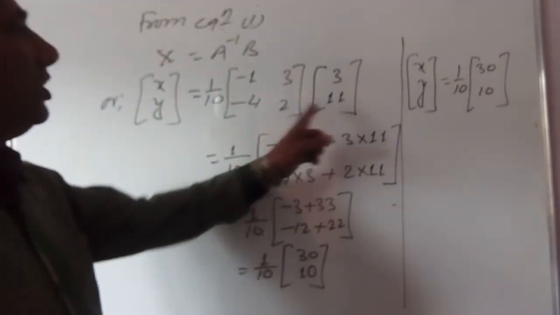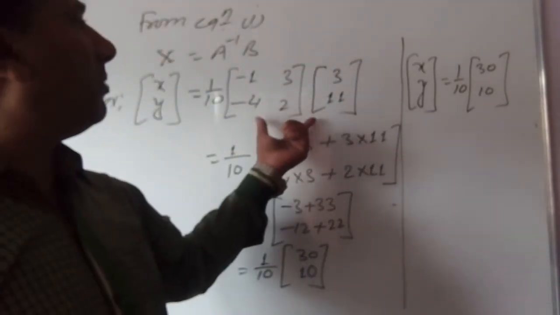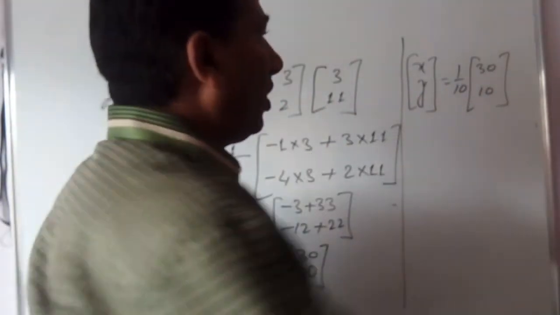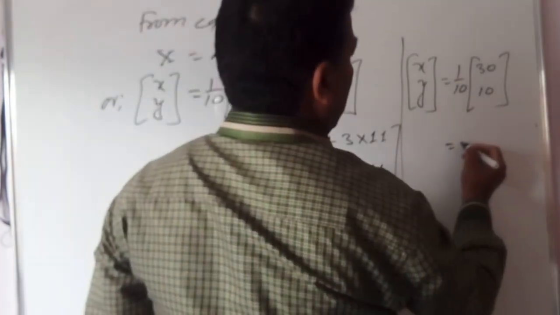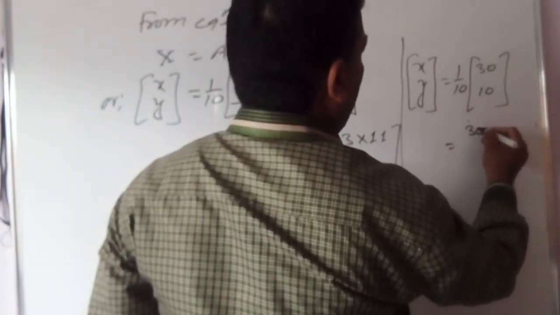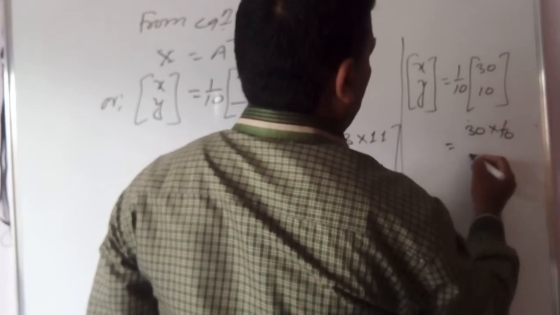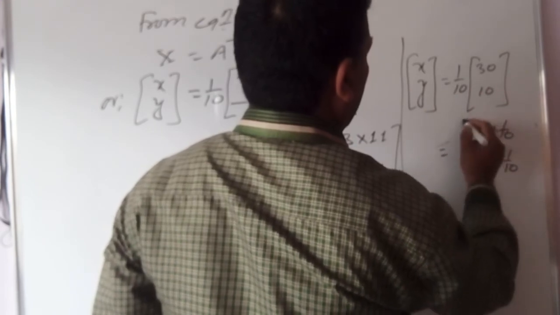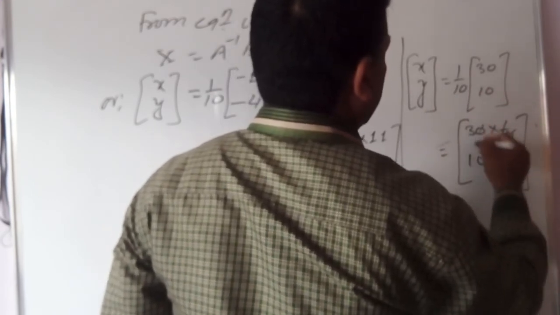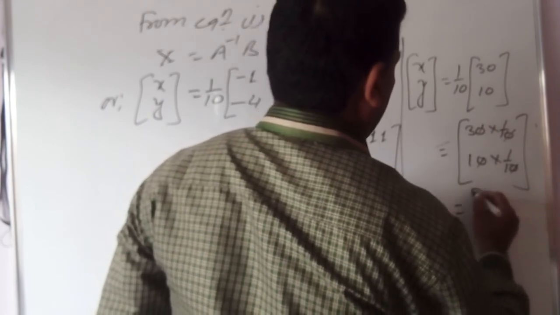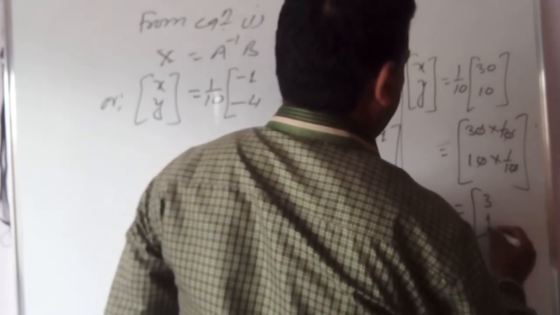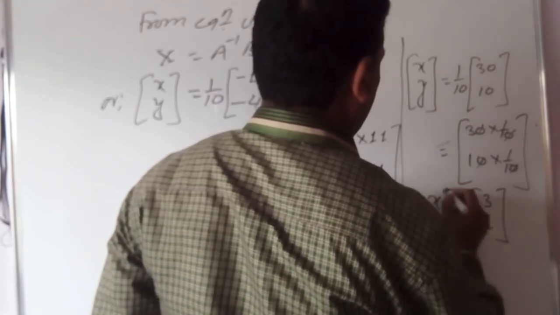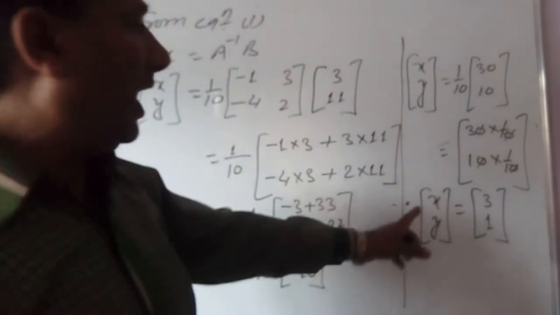Now multiply inside: 30 times 1 by 10, 10 times 1 by 10. This cancels and gives 3, 1. Therefore we found XY equals 3, 1.